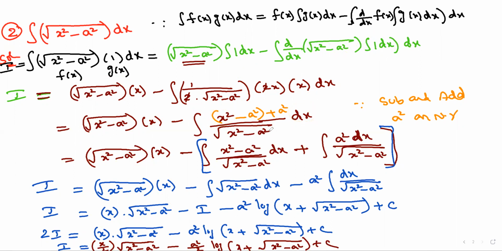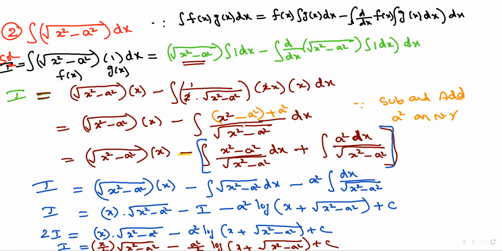Let us observe that the denominator has x square minus a square, so in the numerator we add and subtract a square. If the denominator had plus a square, in the numerator we should also add and subtract a square.